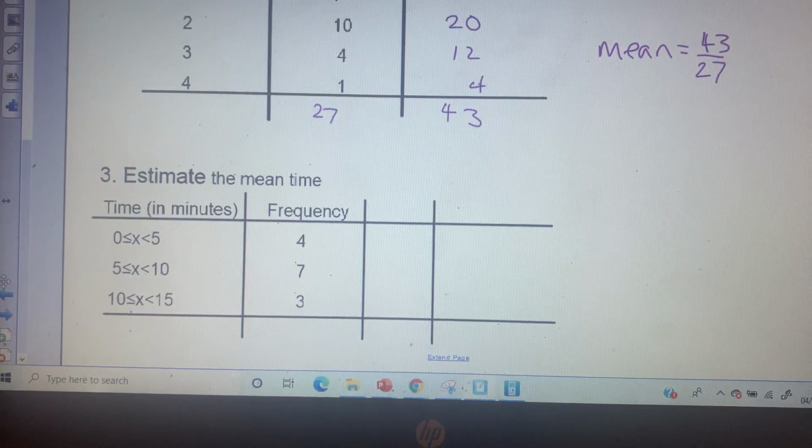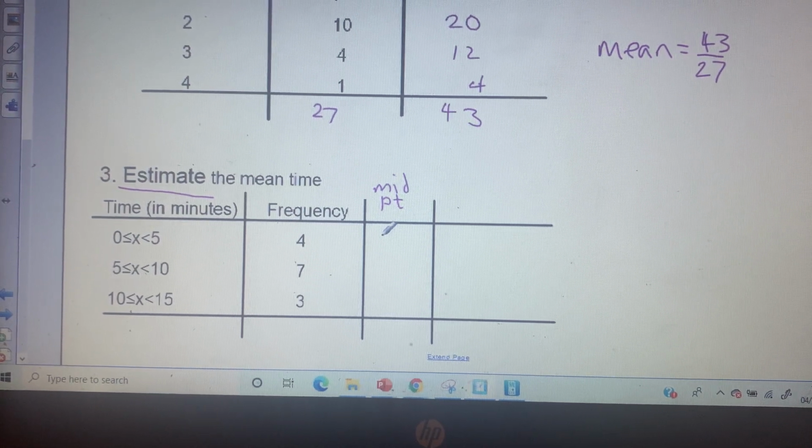And here we have what we would have called a grouped frequency table. If you remember rightly, to find the mean, it's an estimate because of our grouped frequencies. Here you can see we've got standard GCSE ones. We haven't got to worry about anything here. We would go with our midpoint.